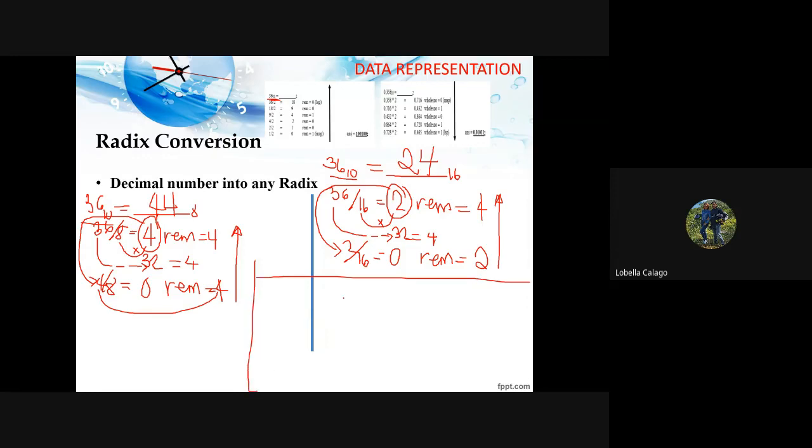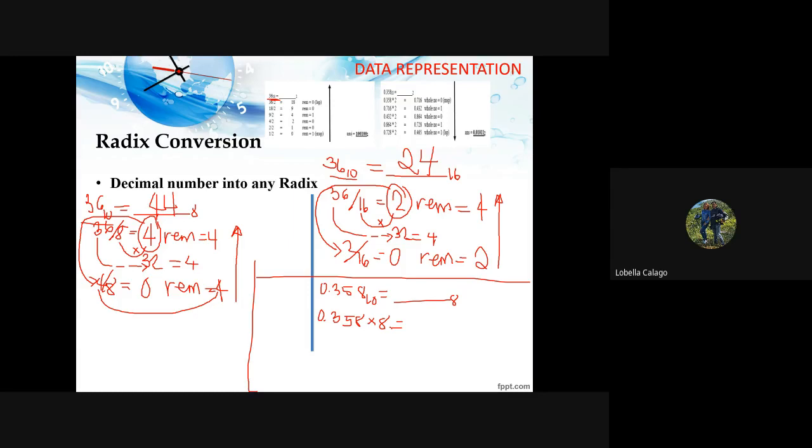So same lang din, no? For example, si 0.358, i-convert natin sa 8. So, ang i-multiply natin is 8. Try lang natin kay octal. Yung kay 16, same lang din yung procedure.